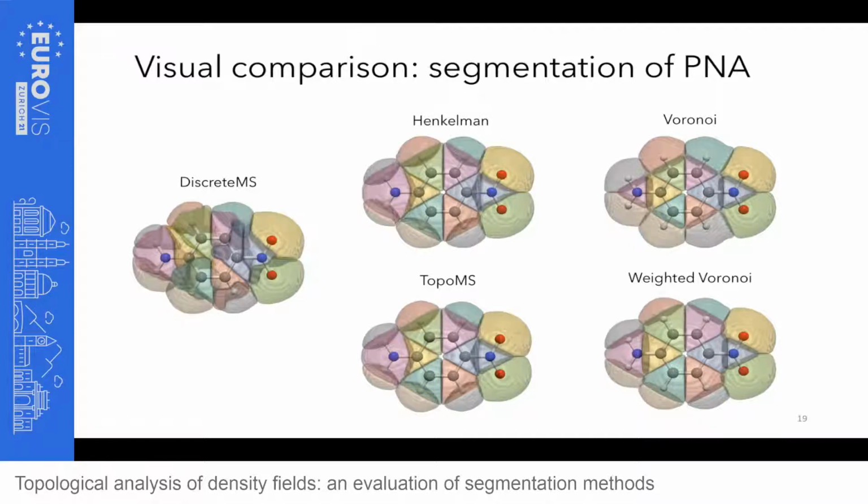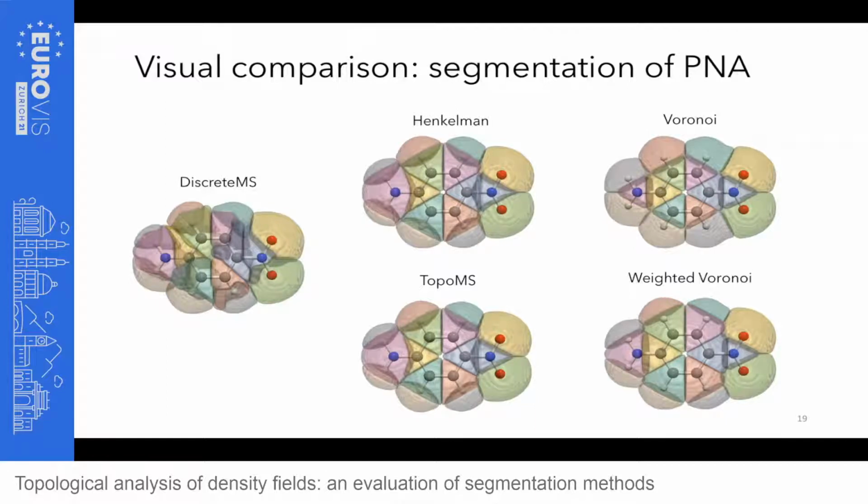So notice the asymmetric segments obtained in the discrete gradient approach. On the left, you can see for the carbon atoms, we have very jagged boundaries and asymmetric regions. For the numerical gradient approach in the middle, the Henkelman and TopoMS based approaches result in very symmetric segmentation, at least for the 4 carbon atoms.